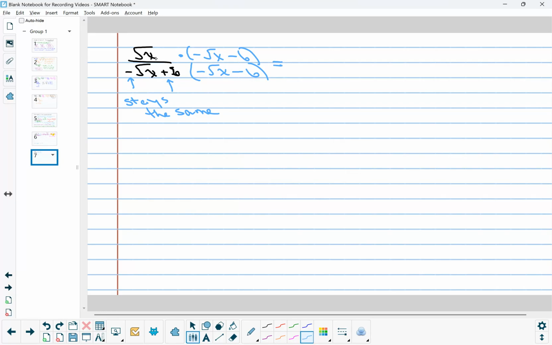All right, so we're going to multiply out here. So this is going to be a negative, well, negative rad x squared, right? So negative radical x squared, which is just an x. And then minus 6 rad x over, put this in parentheses.